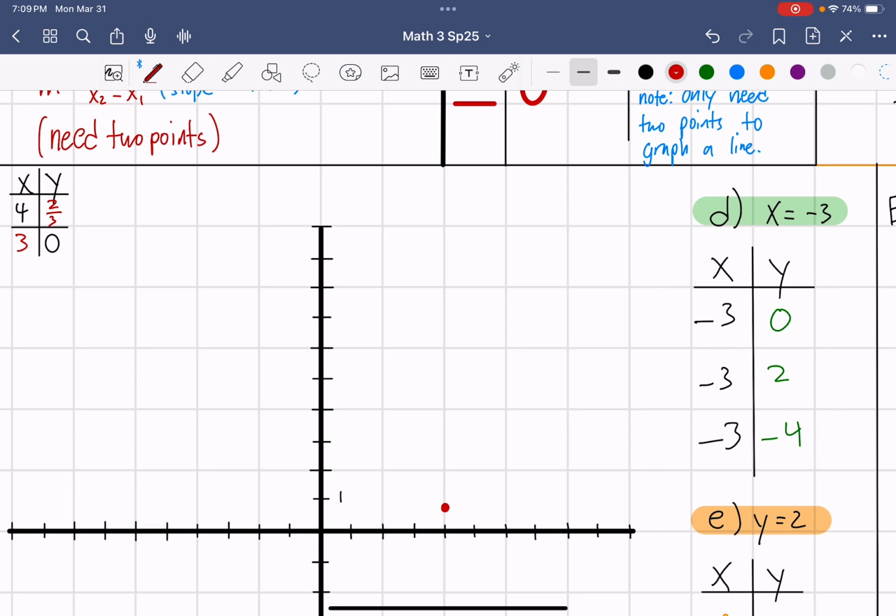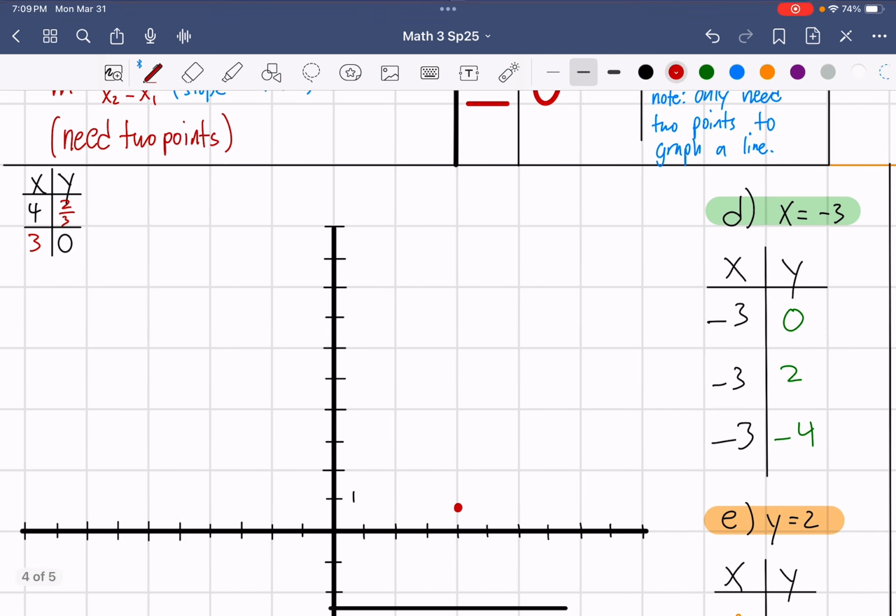And then I have one at 3, 0, which again, I'm going to go in the x direction by 3, and I'm not going up or down at all. Meaning this point is actually an x-intercept. But like I said a second ago, once you have the 2 points, all you have to do is connect the dots.